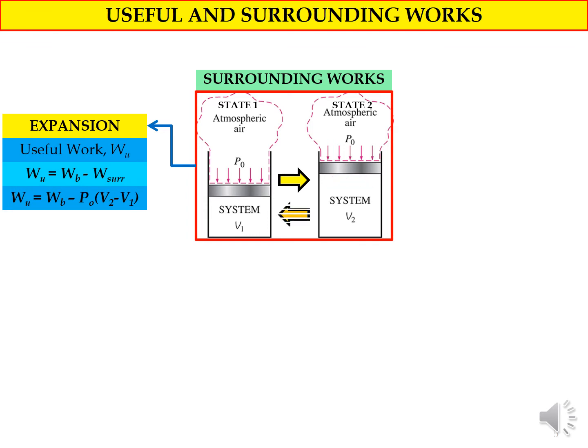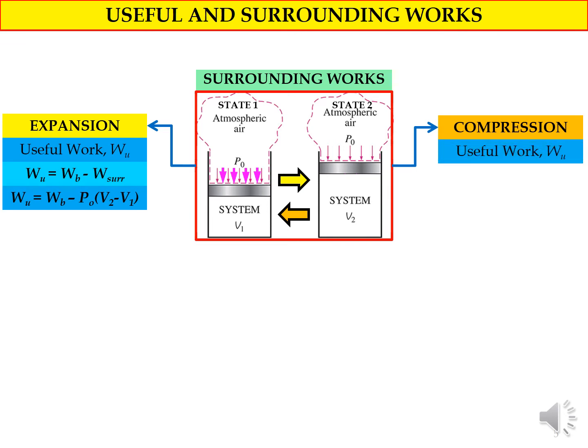And then the next stage is state 2 going back to state 1. As you can see here, the direction of the cylinder is in the same direction as the atmospheric pressure. So this process is called a compression process.